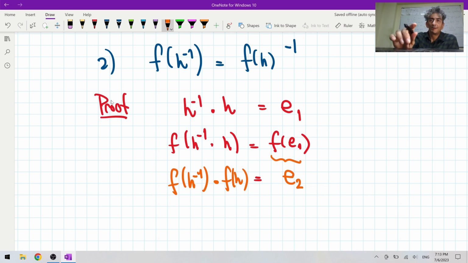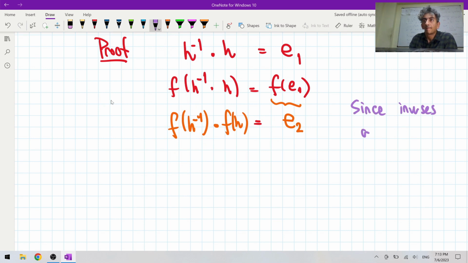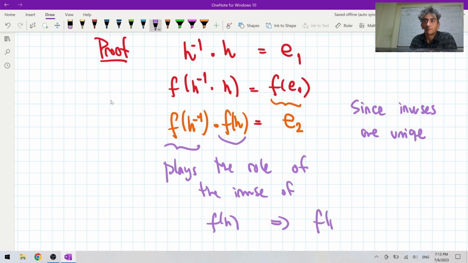But then, since inverses are unique, we know that this plays the role of the inverse of f of h. Then it is the inverse of f of h. The inverse of f of h has to be f of the inverse of h.